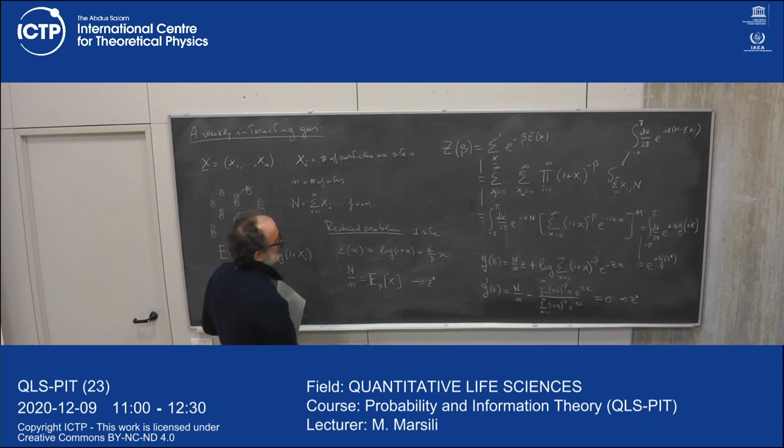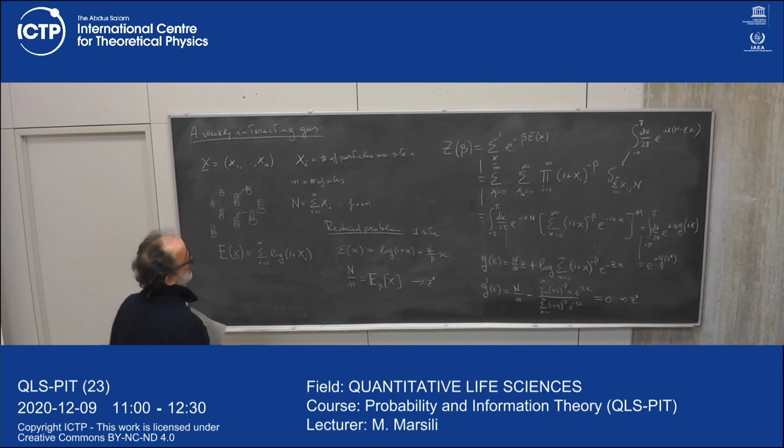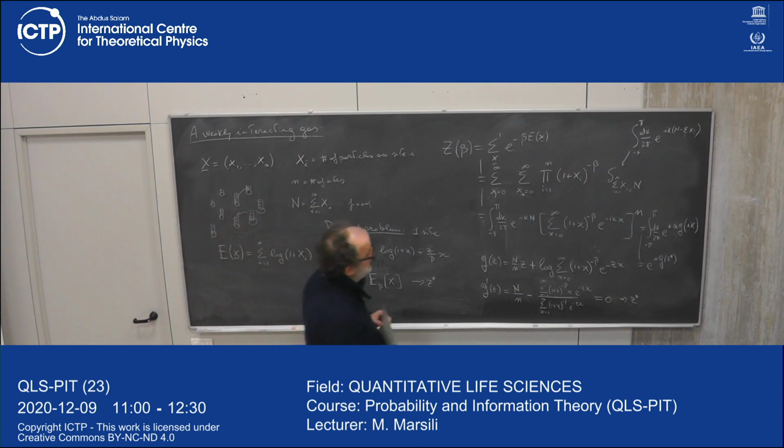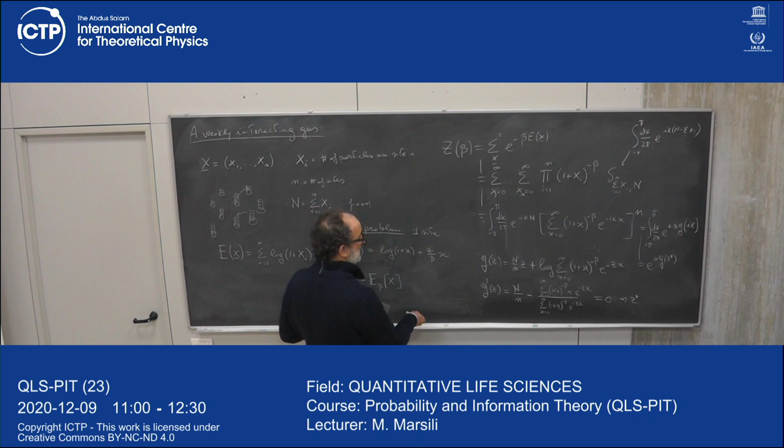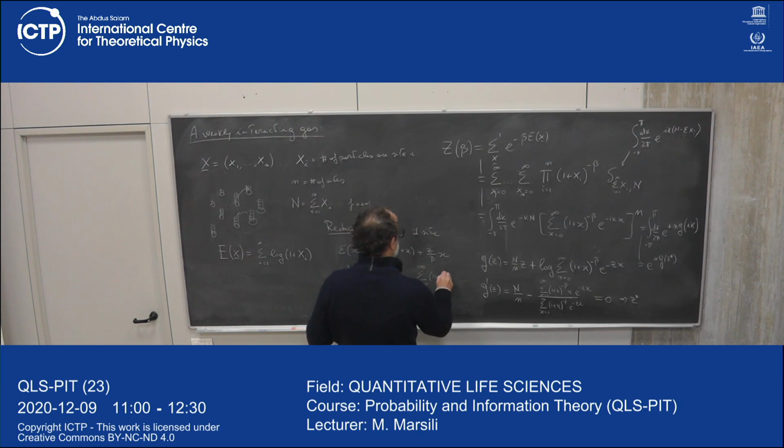Okay, so let's see how this solution works. Let me rewrite it here: the sum over x from 0 to infinity of (1 plus x) to the minus beta times x e to the minus z x, divided by the sum over x from 0 to infinity of (1 plus x) to the minus beta e to the minus z x.